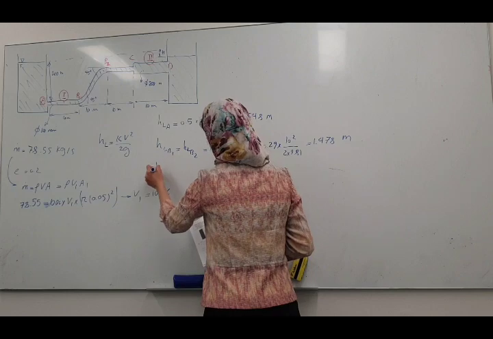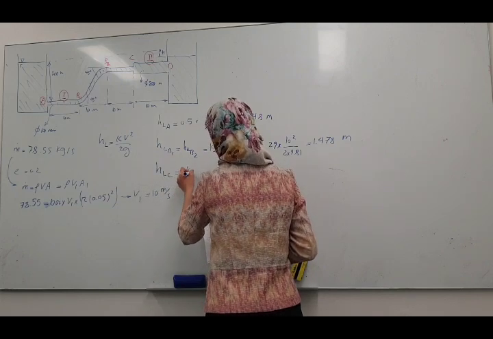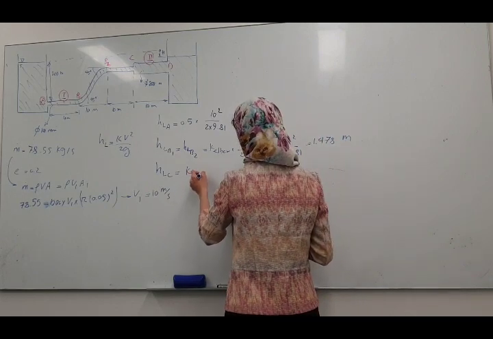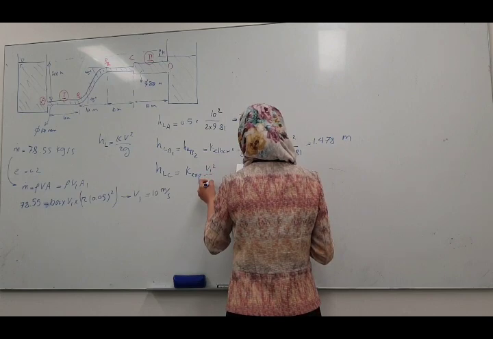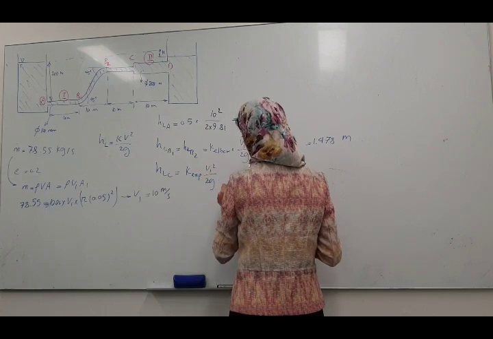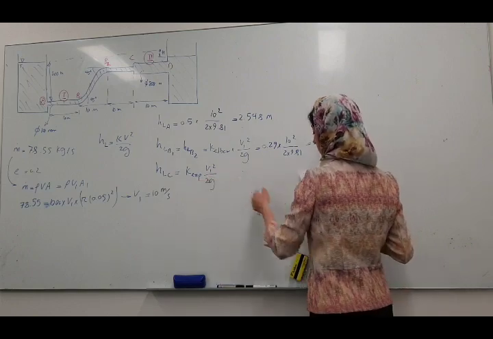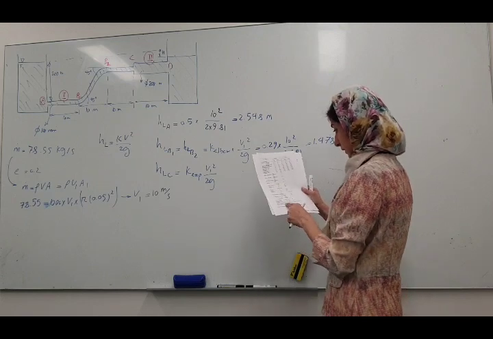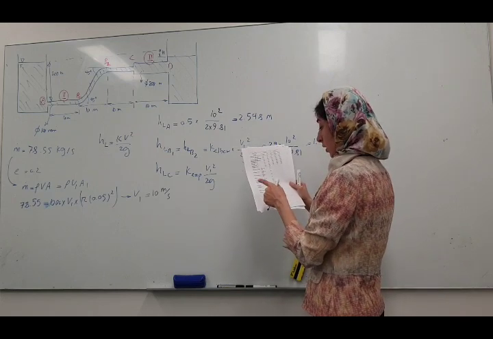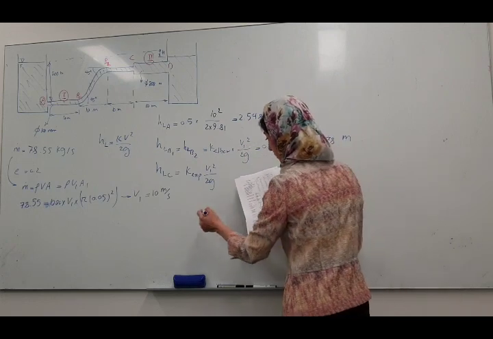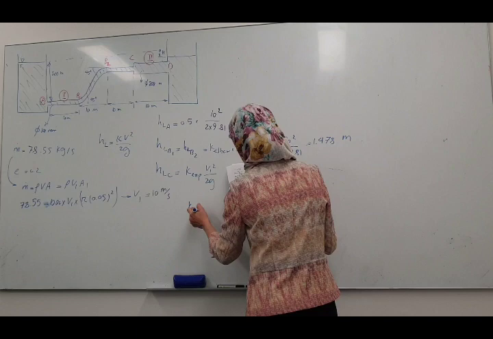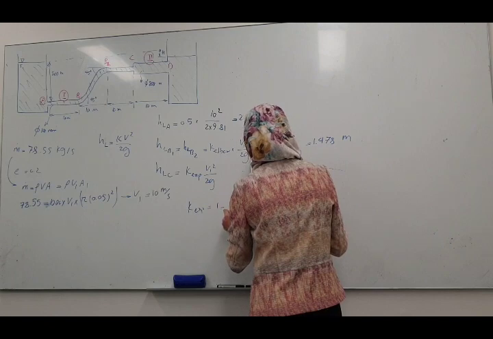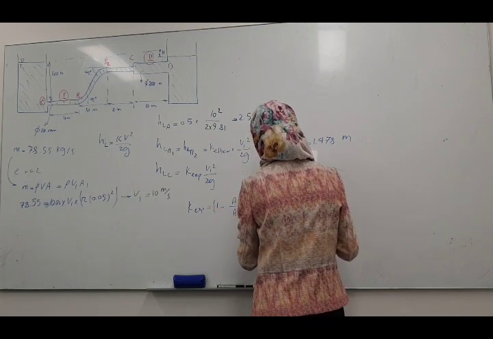And the third one is the HL for C. We need to look at the K for sudden expansion, times V1 squared divided by 2g. For the K for the sudden expansion, again, we need to look at this table. For the sudden enlargement or expansion, K is equal to 1 minus A1 divided by A2, squared.